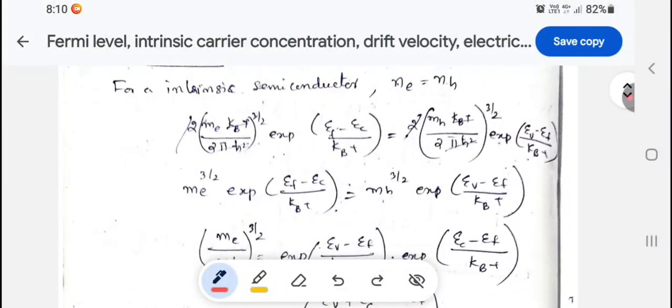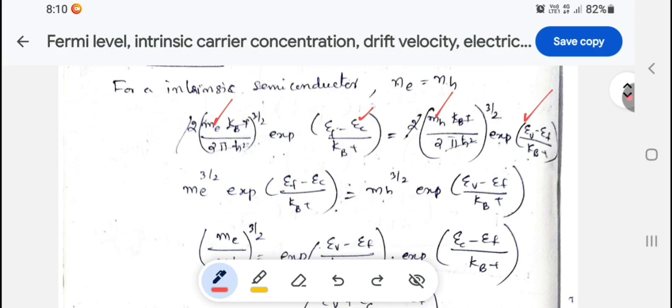So by equating these: 2 Me kBT divided by 2 pi h cross square all raised to 3 by 2 exponential EF minus EC by kBT equals 2 mH kBT divided by 2 pi h cross square all raised to 3 by 2 exponential EV minus EF by kBT. See here, the only differences are the electron effective mass and hole effective mass, and the conduction band and valence band. So note the differences.